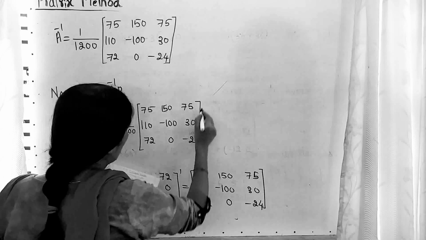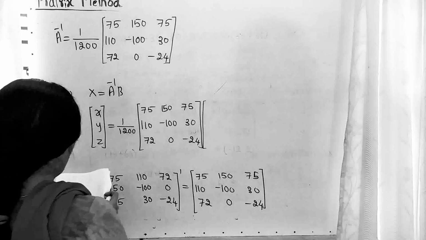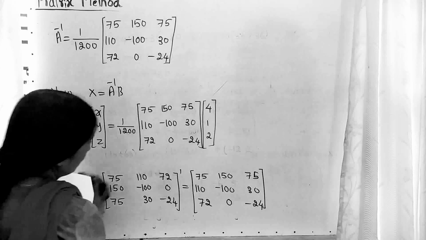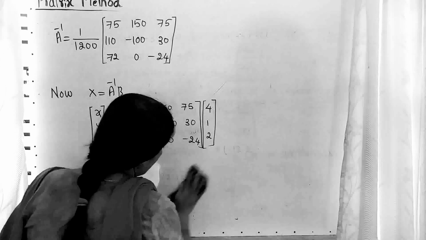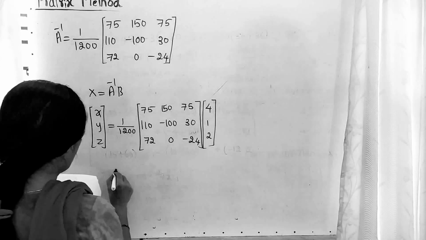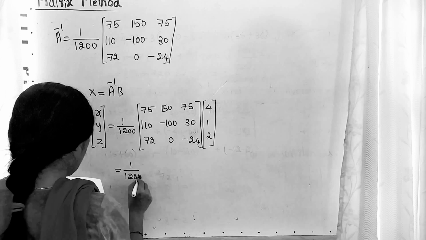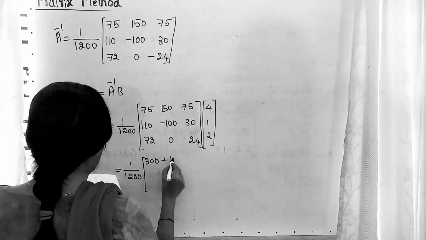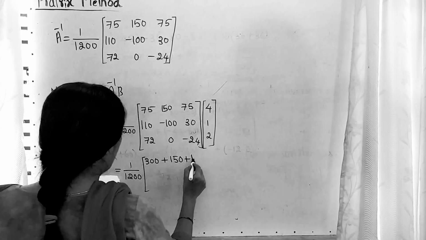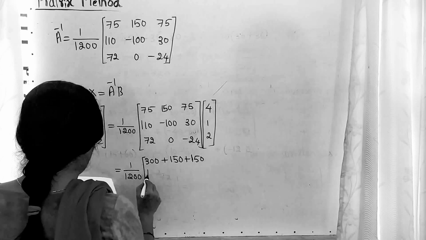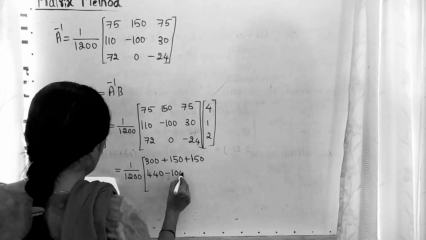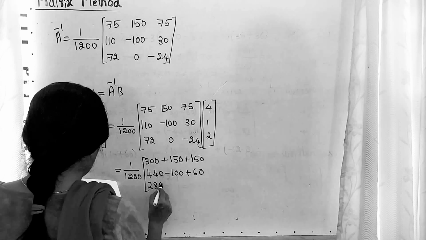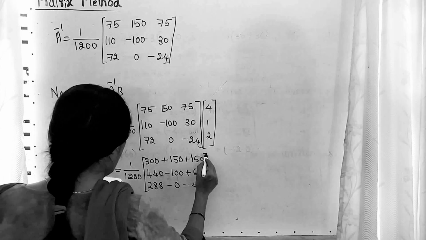Yes. And its constant matrix is what? Constant is 4, 1, 2. Multiply this: 1 upon 1200 as it is, first row with first column, 300 plus 150 plus 150, second row 440 minus 100 plus 60, then 288 minus 0 minus 48.